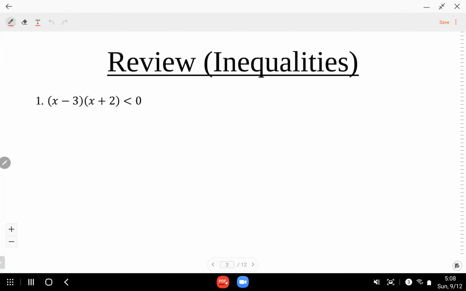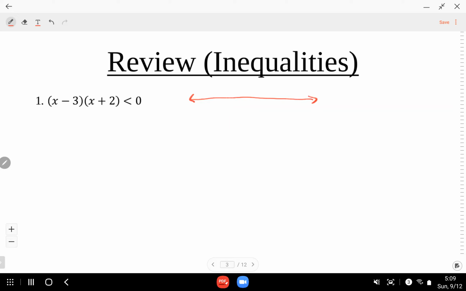Okay, so how do we solve this? We exclude the zeros first. So what we need to do is draw a number line, and we're going to find the intervals. So what causes the zero? By the zero product property, if AB equals 0, either A equals 0 or B equals 0.